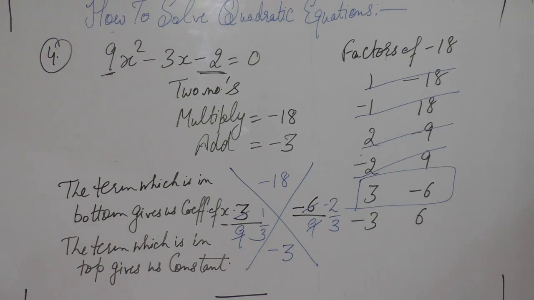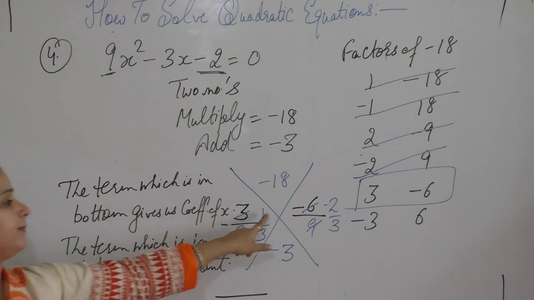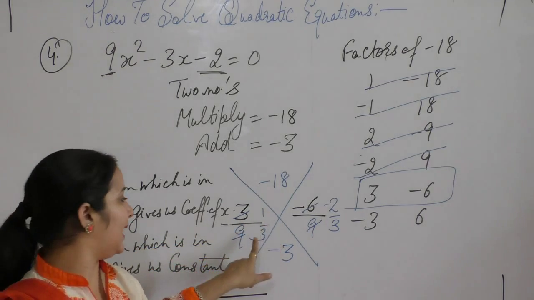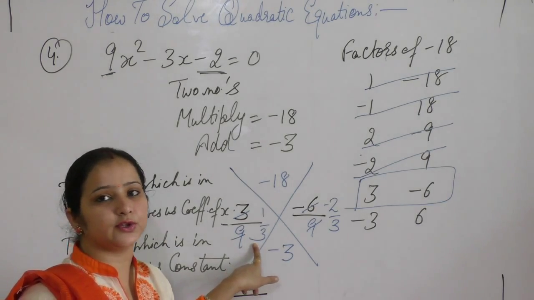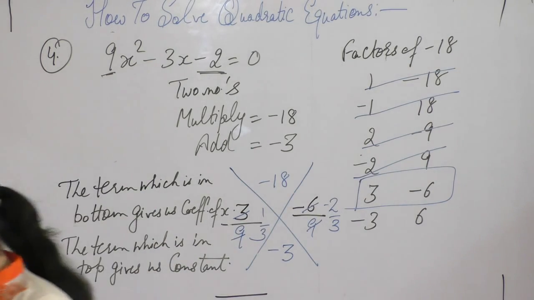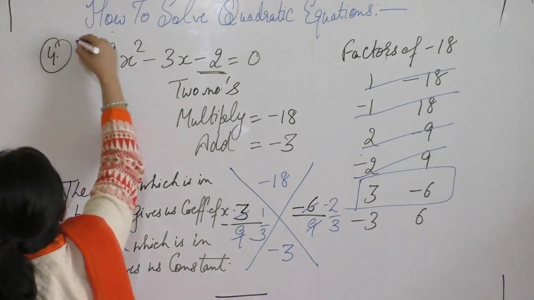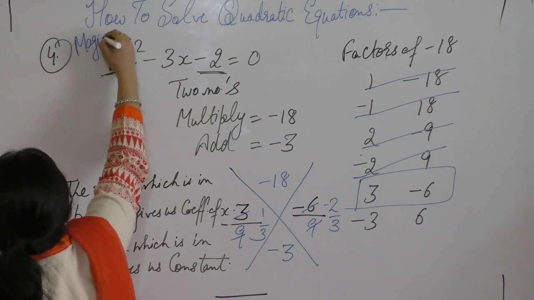The top number gives you the constant and the bottom number gives you the coefficient of x. So this is called the magic x method.